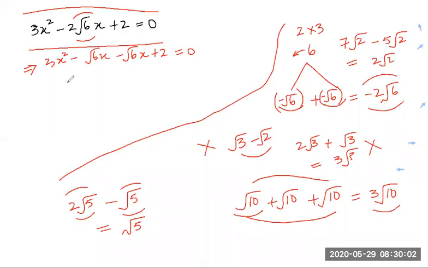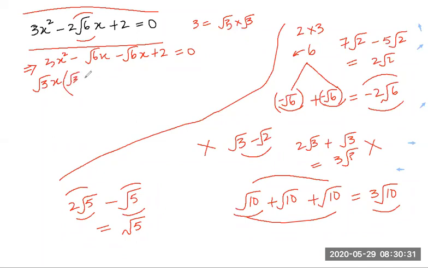Under root 3x is common. Because you see, guys, 3 can be written as under root 3 into under root 3. So when we divide this by under root 3, one will cancel, the other will remain. So you will get under root 3.